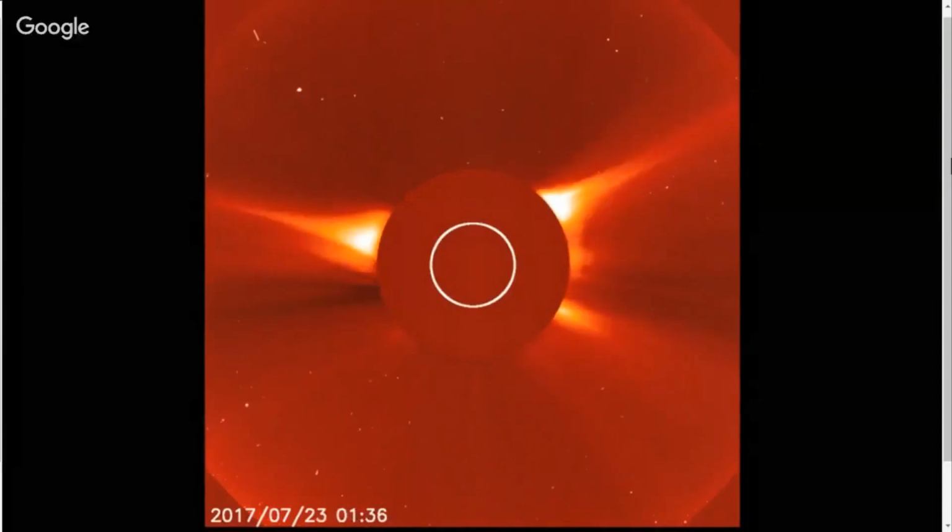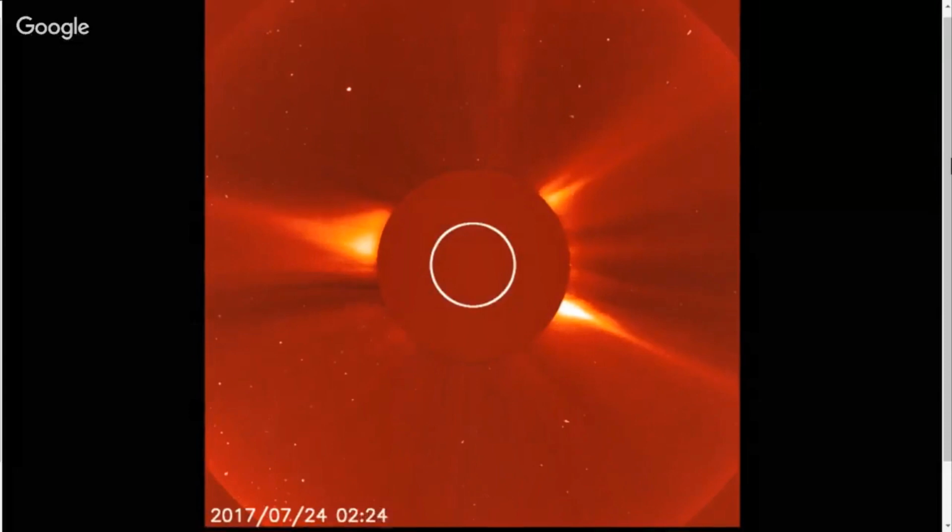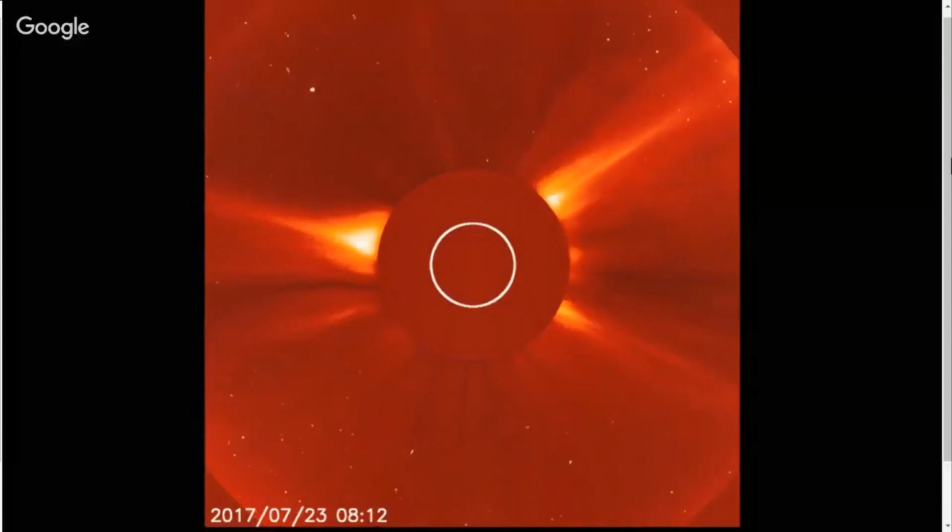Yes, probably towards Mars. Doc, doesn't that just go everywhere throughout the whole inner solar system? I mean, doesn't that reach all the way to the outskirts of our solar system? Oh, yes, it does. Definitely. In time, it gets all the way to the edge of the solar system, which is 100 AU away.